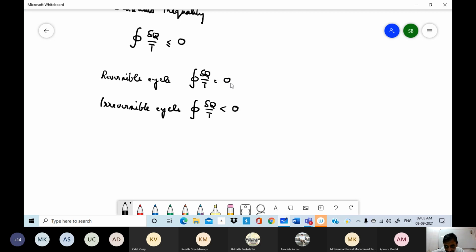Then the argument was that any general reversible cycle can be considered as a superposition of a number of Carnot cycles. So essentially the argument runs this way, that in a Carnot cycle, the entire heat transfer occurs at a certain temperature.